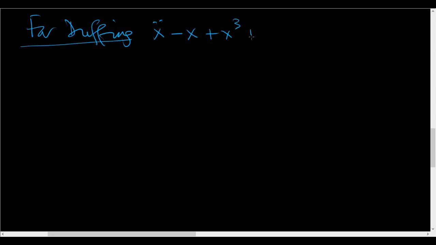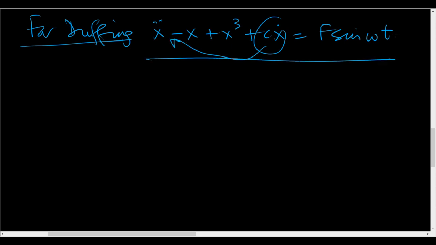With more careful numerics, I would be doing error bars on that and so on, but here I am not doing that. So for the Duffing equation, x double dot minus x plus x cubed plus c x dot equals f sine omega t. This should actually be written here, but I hope you will not mind my doing that.